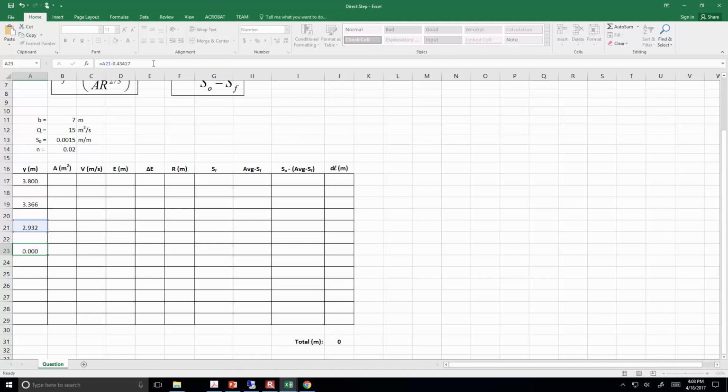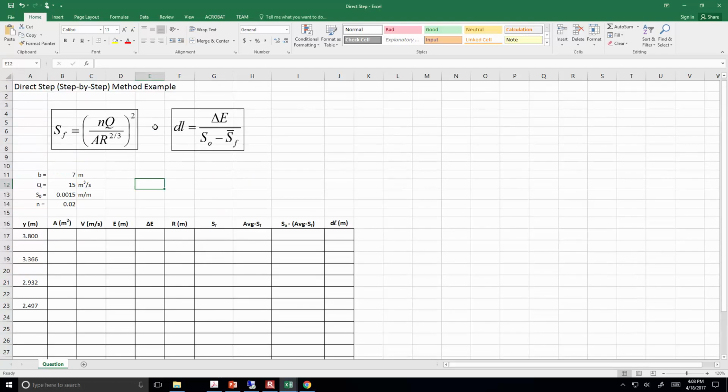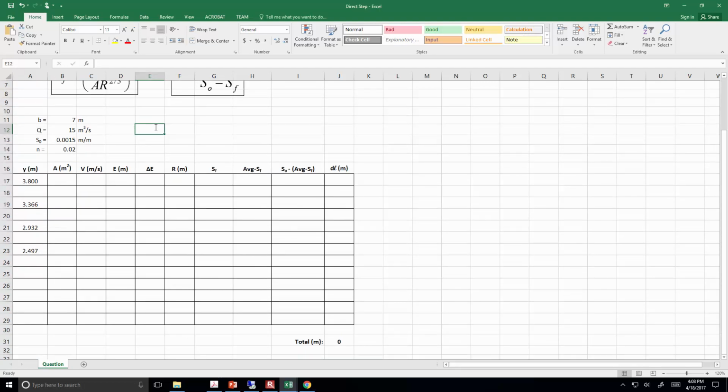I know I'm going from, let's do this, it's going from 3.8 to 1.195, and I'm going to do it in 6 steps. There's that number I need. All right, so this minus that.